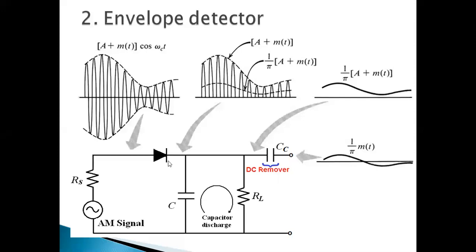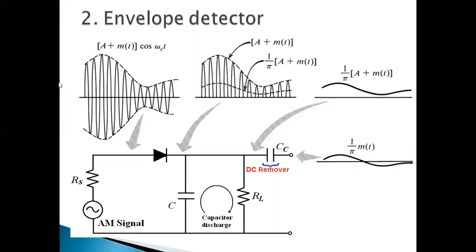The discharging process continues until we get the next positive cycle. Whenever it gets the next positive cycle, the capacitor charges again.